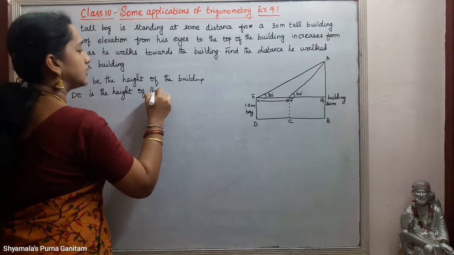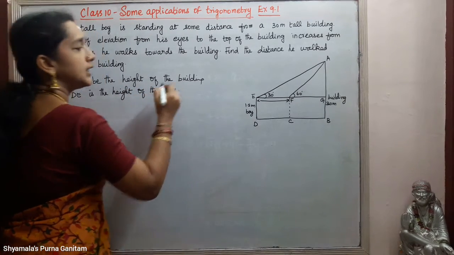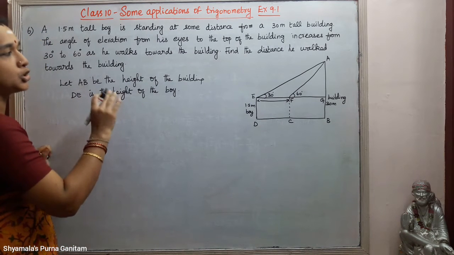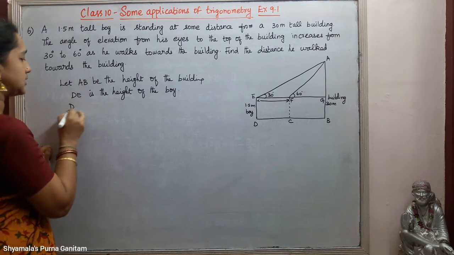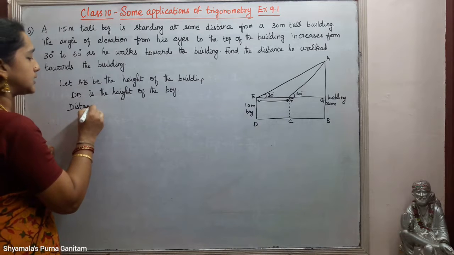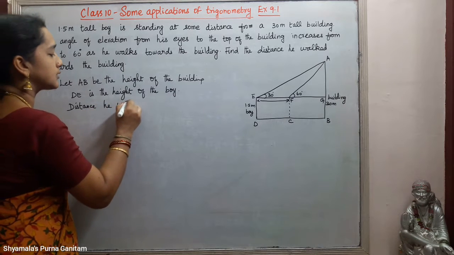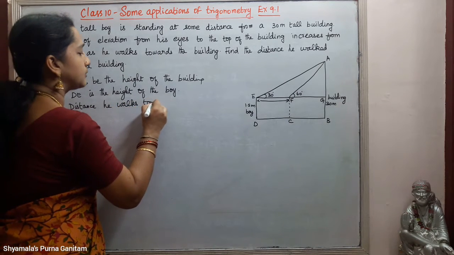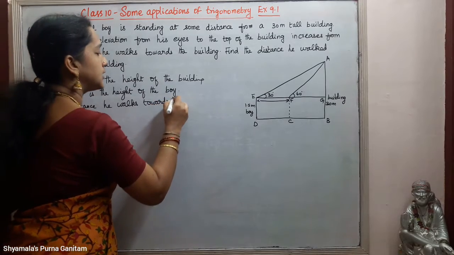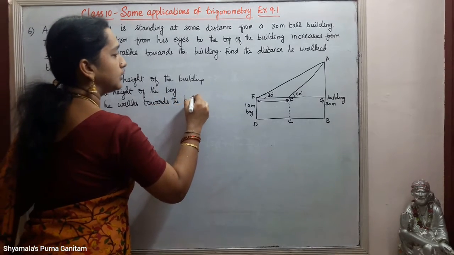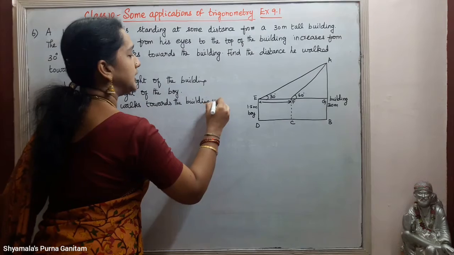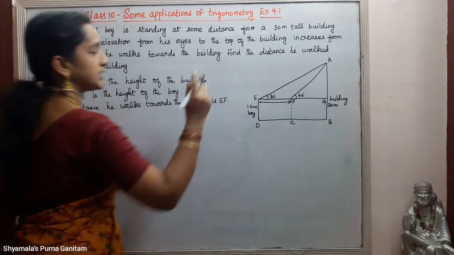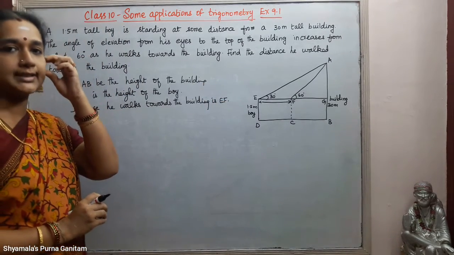The distance he walked towards the building is EF. EF is the distance he walks towards the building.